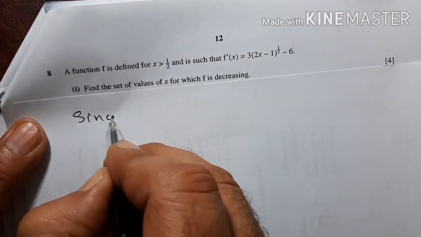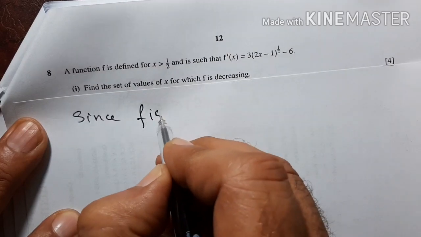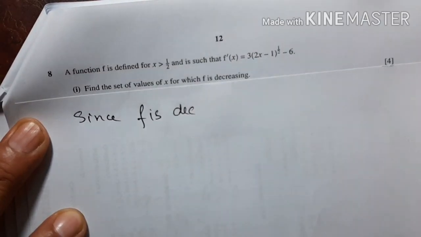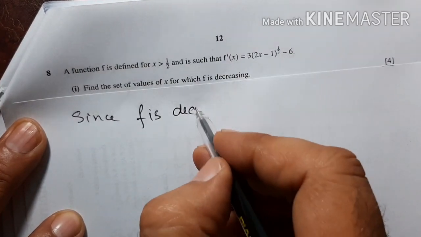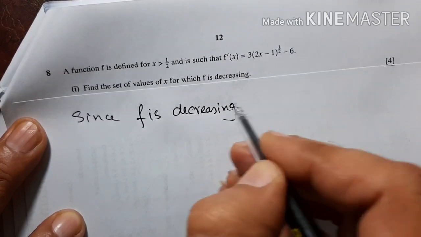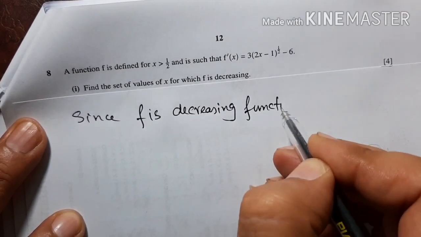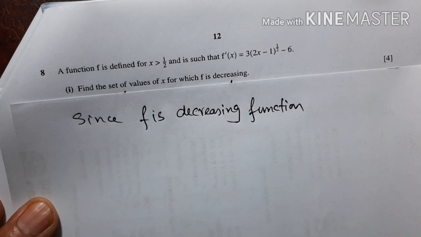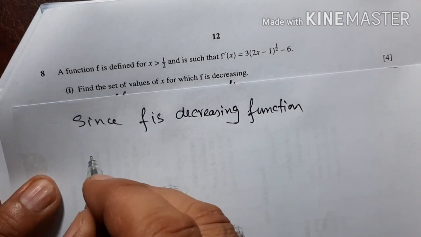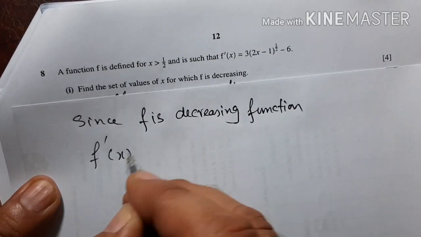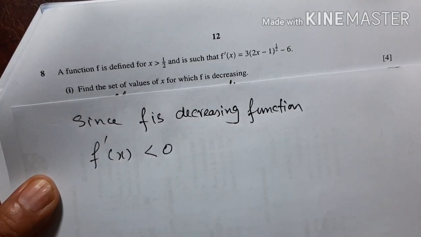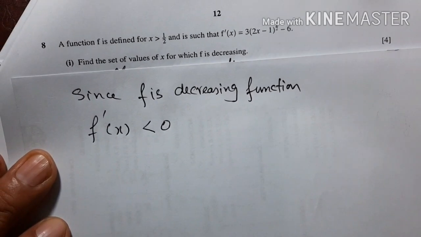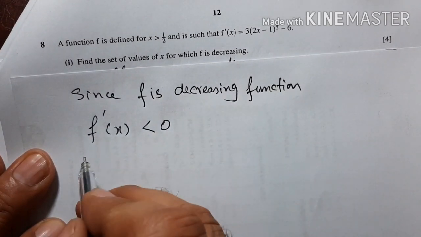Since f is a decreasing function, therefore f dash x will be less than 0, because this is the condition for a decreasing function.